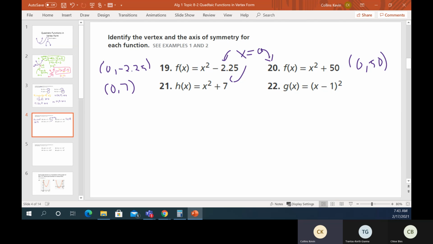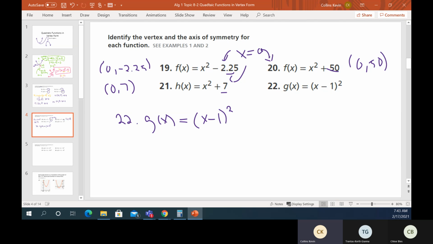So 22 is where things get a little weird, right? So let's rewrite 22. We've got g of x equals (x minus 1) squared. And we don't have a number outside, do we? Like we do here, here, and here.